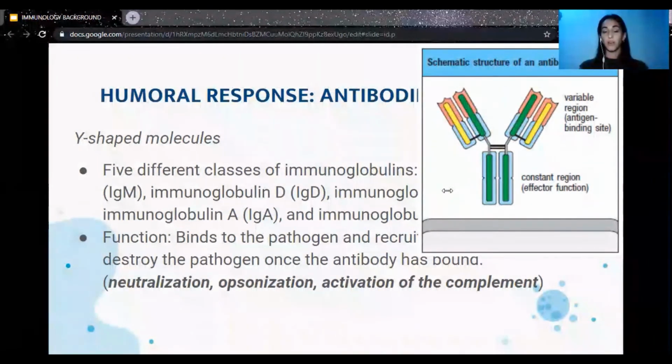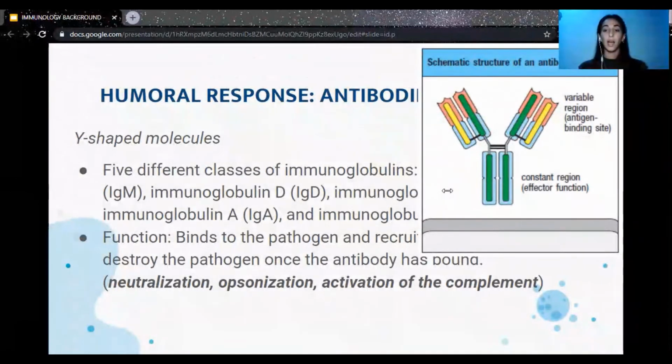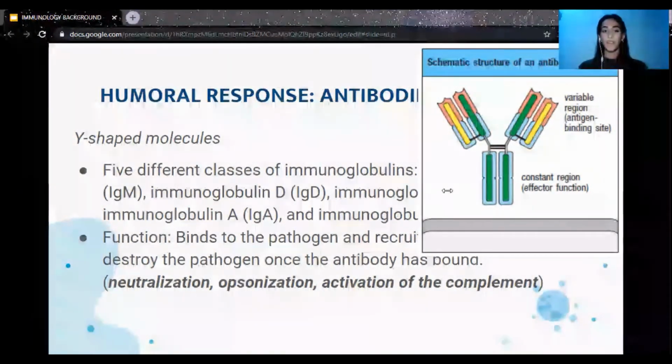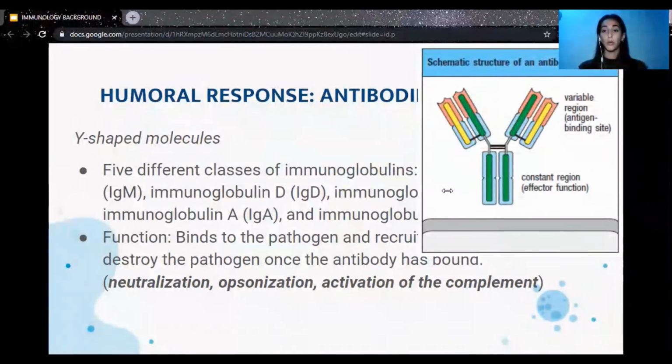So we have 5 different types of immunoglobulins, of antibodies, known as immunoglobulin M, IgM, immunoglobulin D, IgD, immunoglobulin G, IgG, immunoglobulin A, IgA, immunoglobulin E, IgE. The function of these antibodies is going to be determined, as I told you, by the constant region.